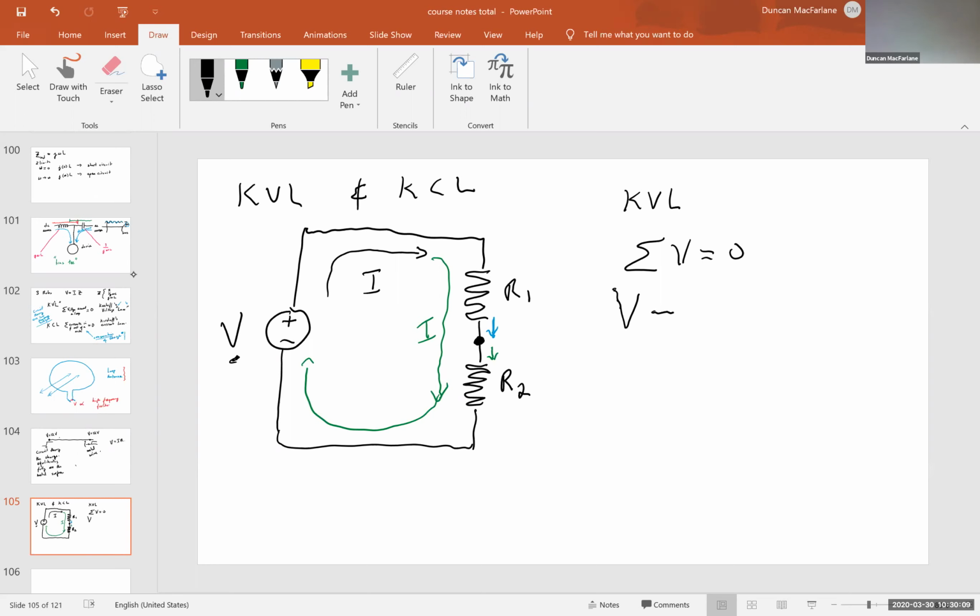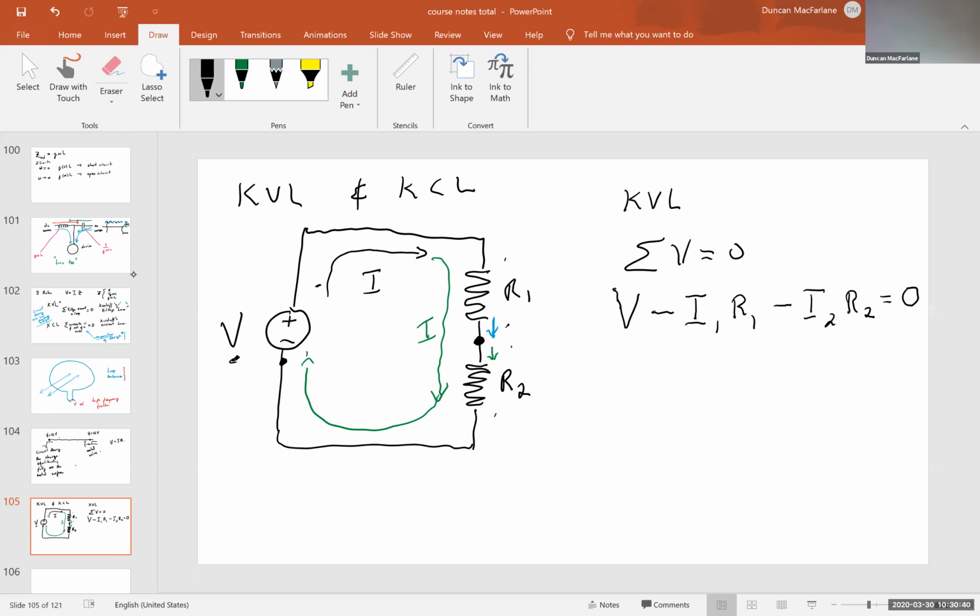And then I'm going to have voltage drops. And then I'll be back to this point here, up by V, down by I1 R1, down by I2 R2, and then back to this point here.